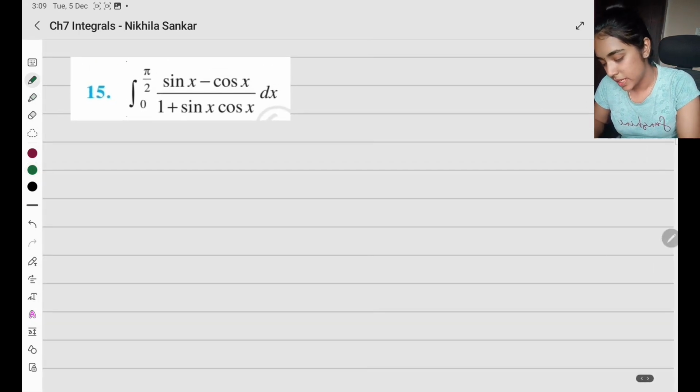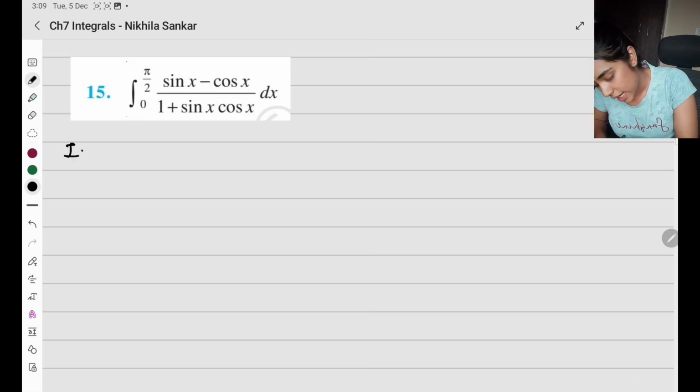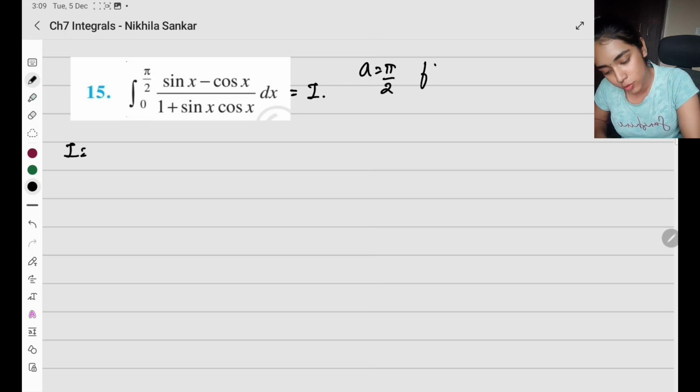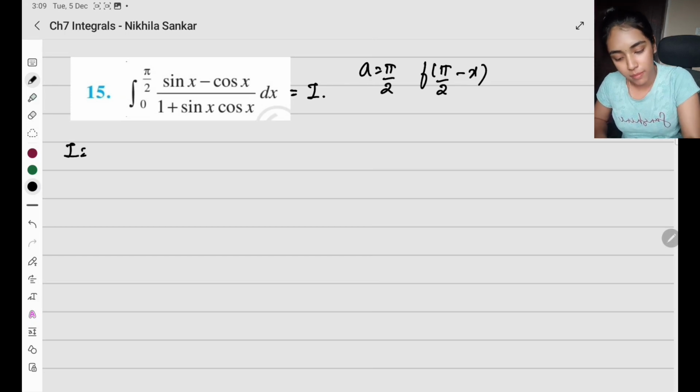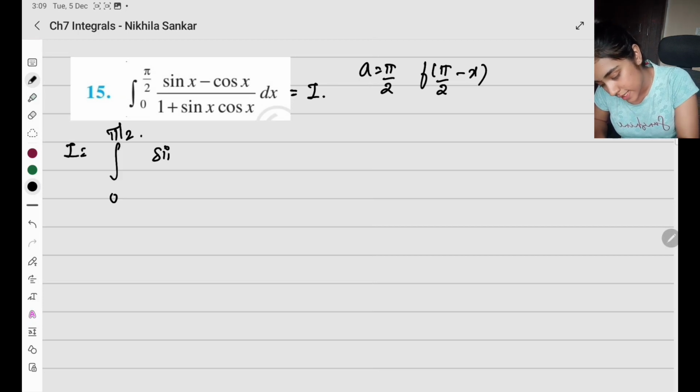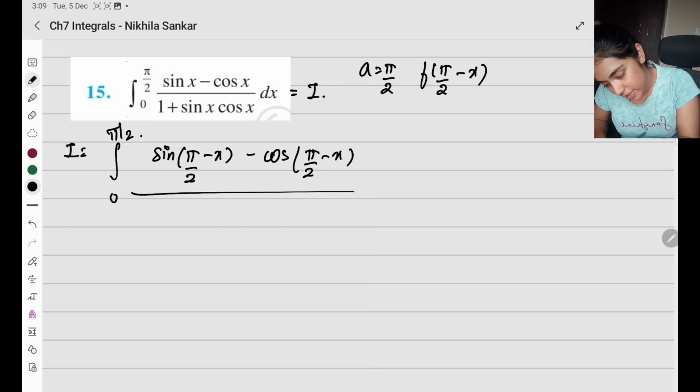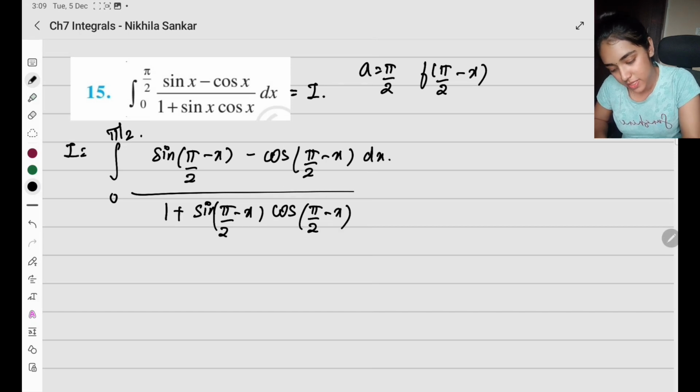Question number 15. Again using property number 4. When I use property 4, I have the value of a to be pi by 2. So we solve f of pi by 2 minus x. So I have the integral of 0 to pi by 2 of sin of pi by 2 minus x minus cos of pi by 2 minus x, divided by 1 plus sin of pi by 2 minus x cos of pi by 2 minus x, times dx.